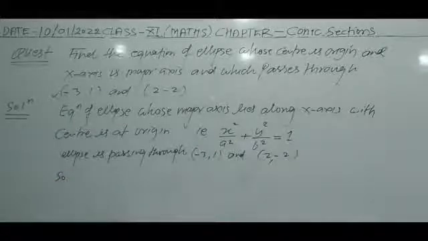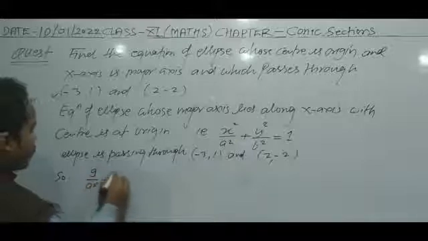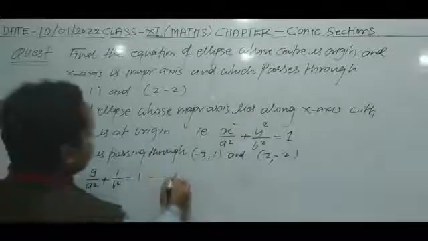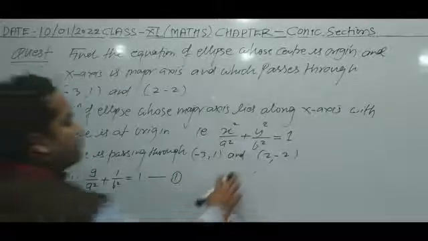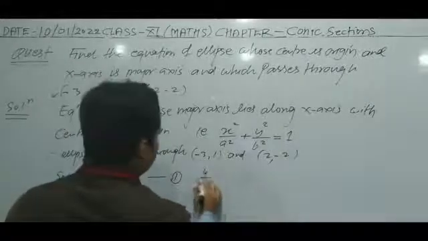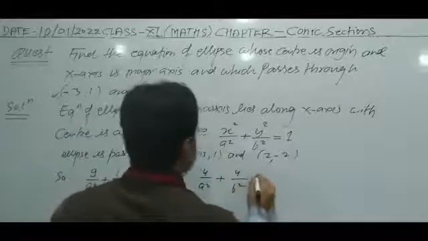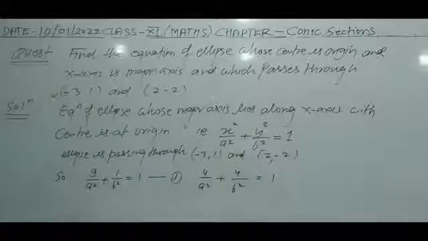Equation will be 9 by a square plus 1 by b square is equal to 1. Consider equation 1, and when this ellipse passes through 2, -2, this will be 4 upon a square plus 4 upon b square is equal to 1. This is equation 2.